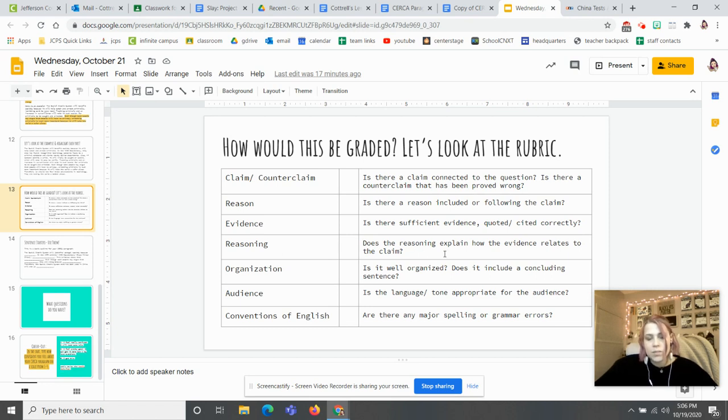Does the reasoning explain how the evidence relates to the claim? Organization. Is it well organized? Does it include a concluding sentence? Audience. Is the language/tone appropriate for the audience? And conventions of English. Are there any major spelling or grammar errors? So make sure you look at the rubric before you submit your final paragraph.